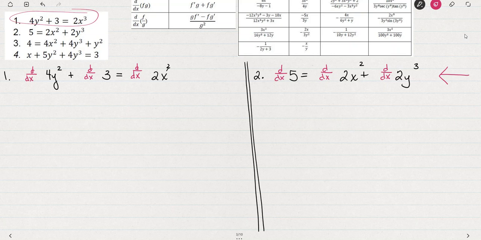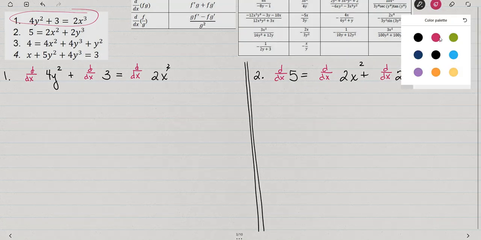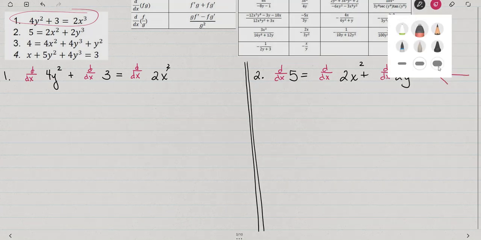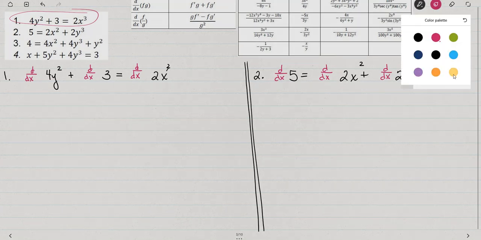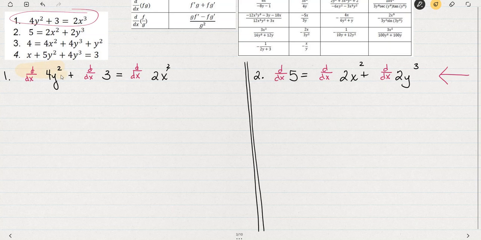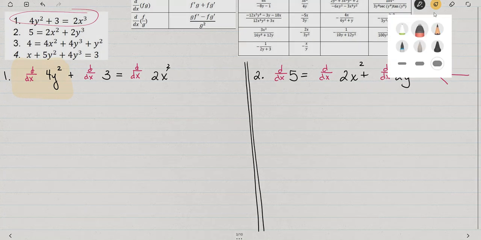Let's go ahead and get started with a derivative. The derivative with respect to x of 4y squared, we're starting off on a little bit of a challenging one. It might look not so challenging, but when we're first starting out and we have to continually remember to chain, look at what's going to happen with this.